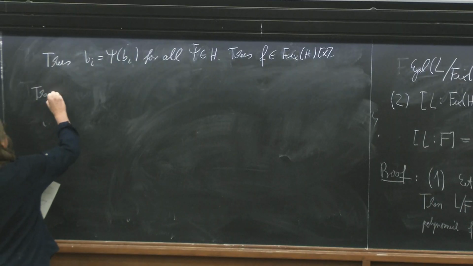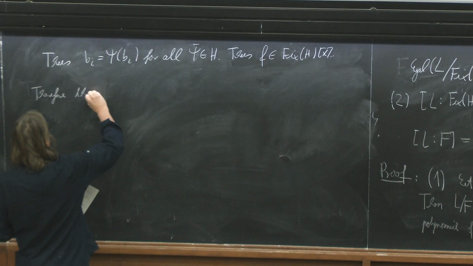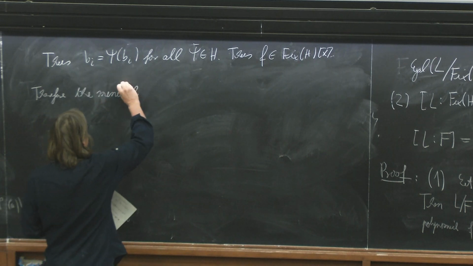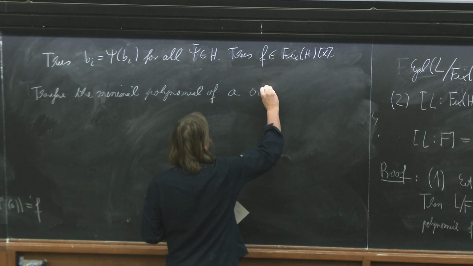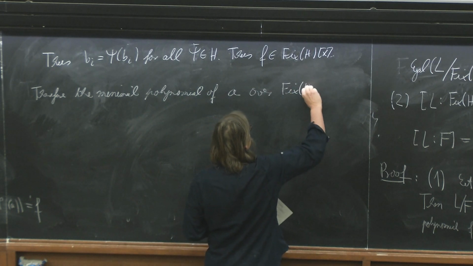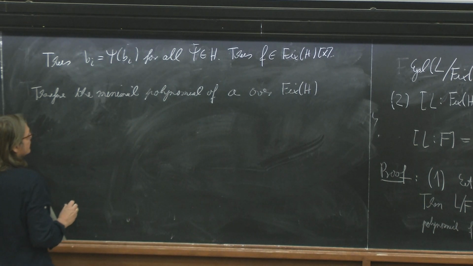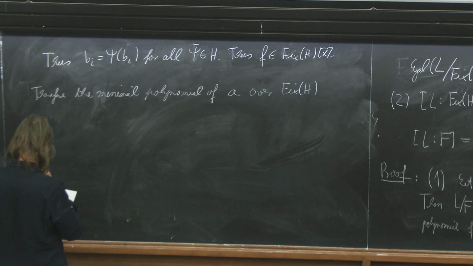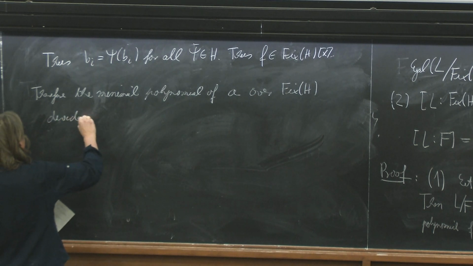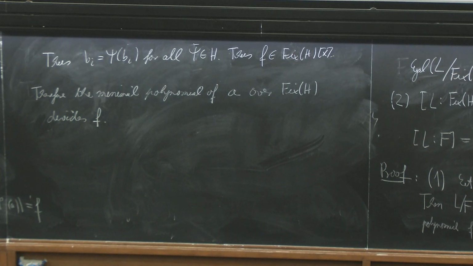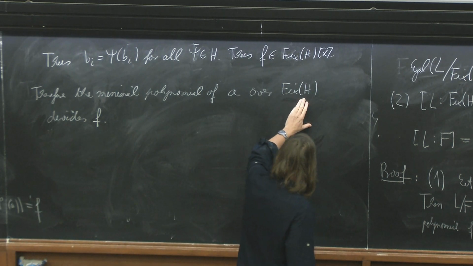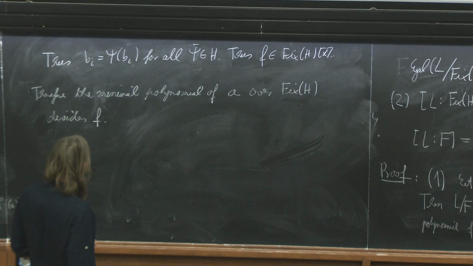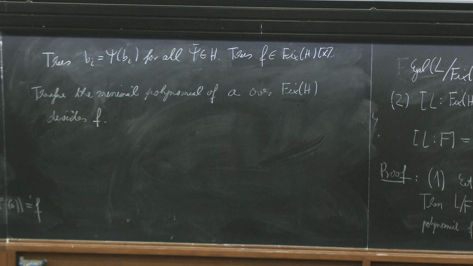Therefore the minimal polynomial of A over this fixed field divides F. The minimal polynomial of A over this fixed field is a polynomial with coefficients in this field which vanishes at A, with the property that it divides any other polynomial with coefficients in the fixed field which vanishes at A, for instance F.